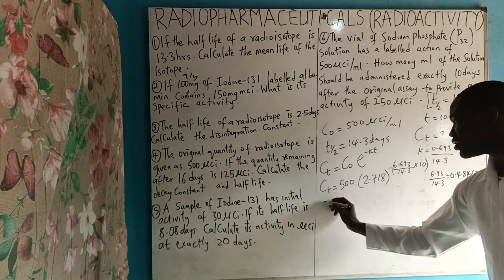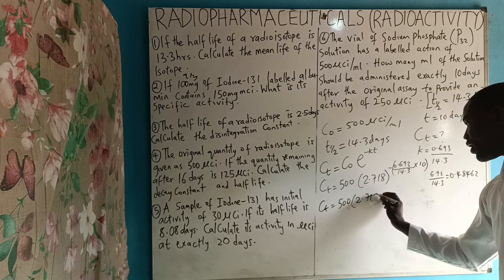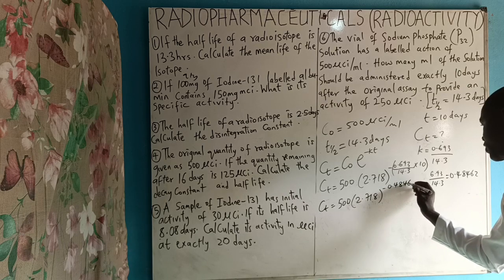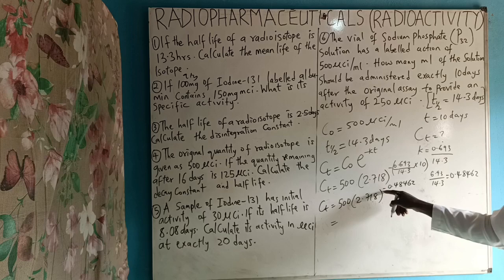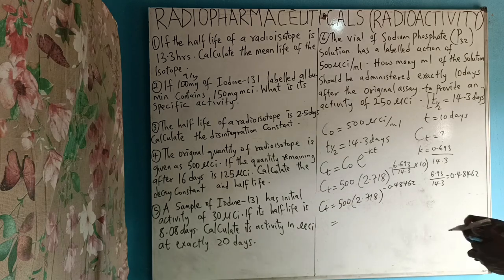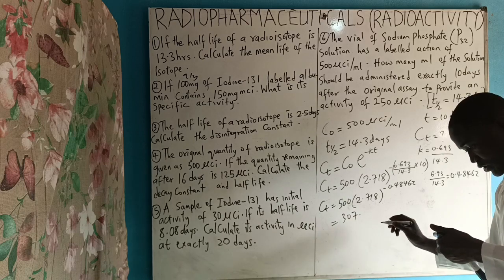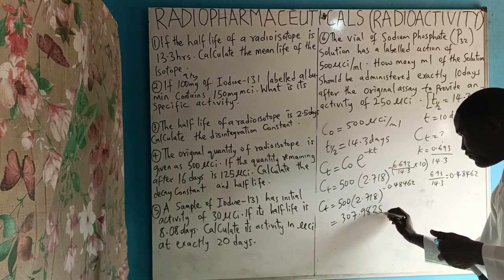And so you'll be having that your C(t) is equal to 500 times 2.718 raised power minus 0.48462. This will be giving you, with your calculator, 307.9825.